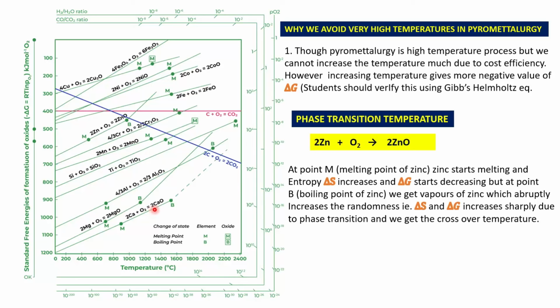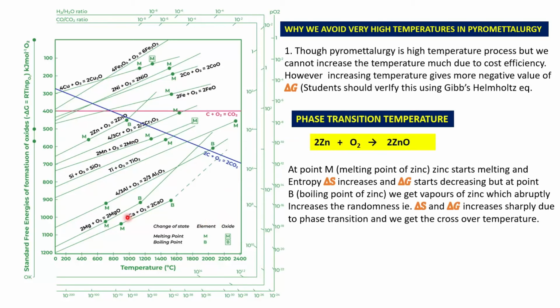And at this point B, the boiling will start. When the boiling starts, your entropy will abruptly increase, because gas has a much higher entropy. That means the slope will move sharply in the positive direction, uphill.